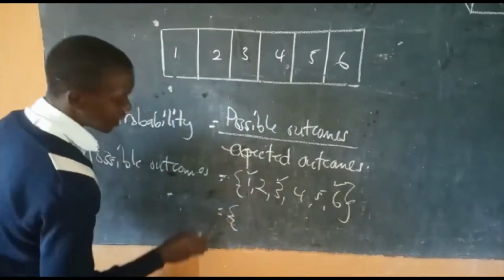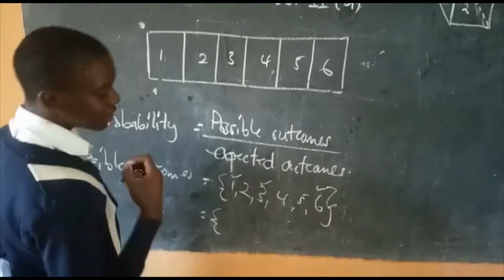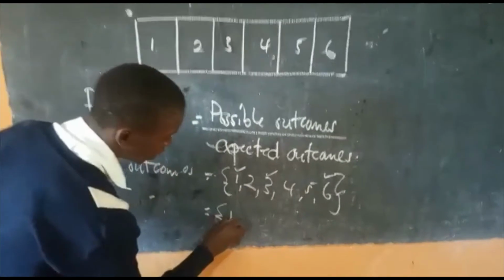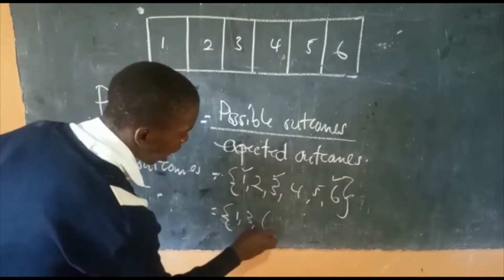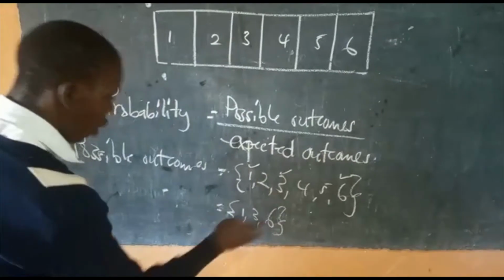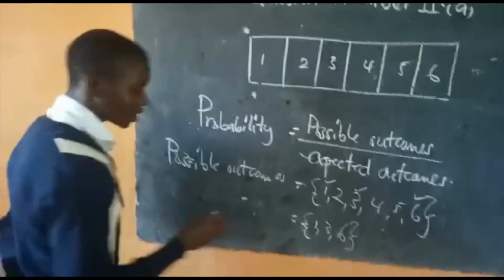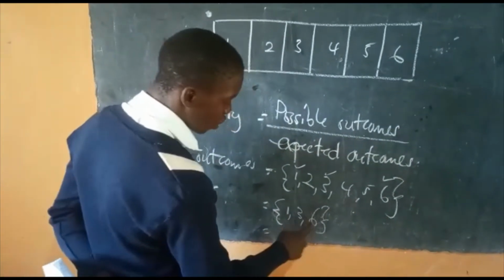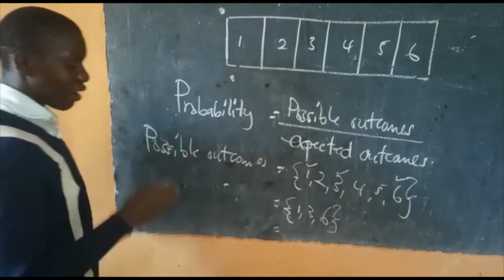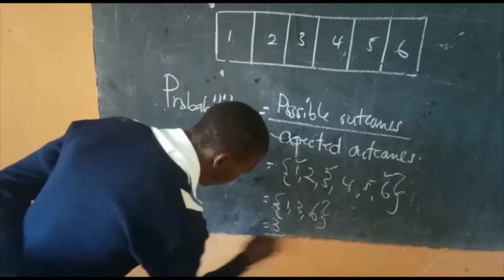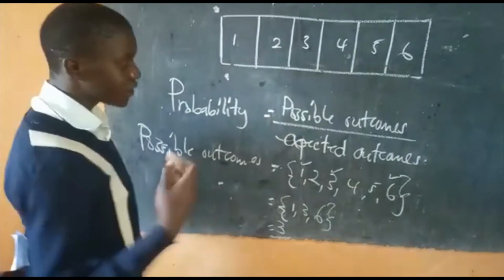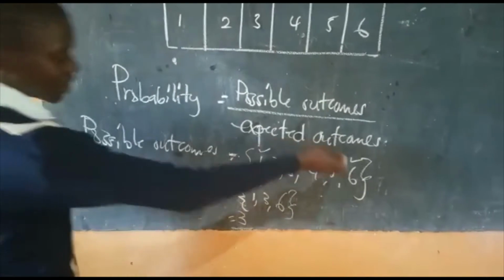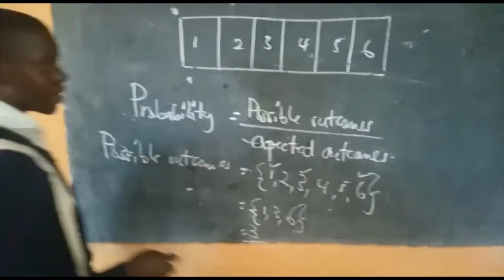I will create a bracket for only those triangular numbers that have the possibility of surfacing at the top when the dice is tossed. So I'm having 1, 3, and 6. How many are these numbers? You count them: 1, 2, and 3. So 3 numbers have the possibility of surfacing as triangular numbers on this dice.